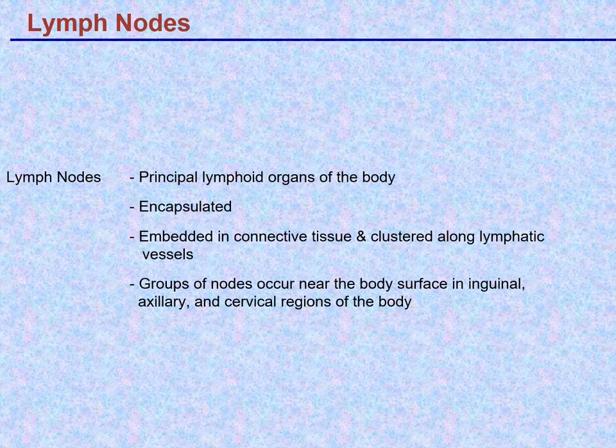So for example, if you have an infection in your hand, some of the regional draining lymph nodes would be present in the armpit, axillary lymph nodes, or if you have a sore throat, your lymph nodes in your neck, underneath your jaw or on the sides of your neck, could get enlarged. And finding a large lymph node does indicate that there is an infection going on.